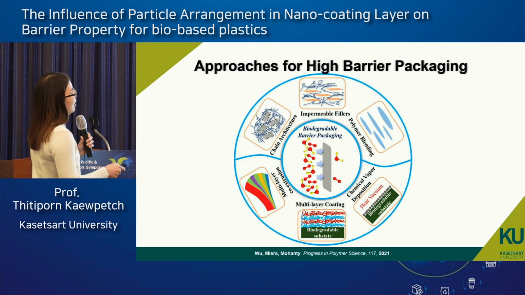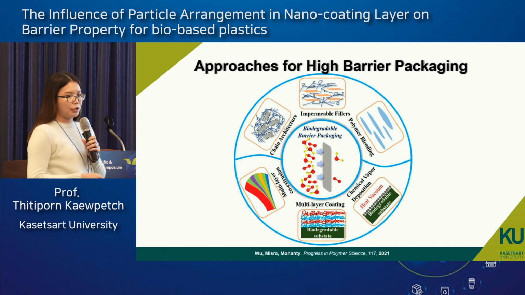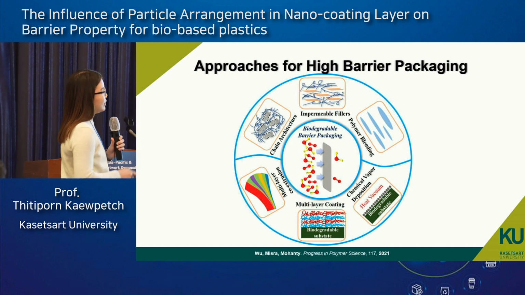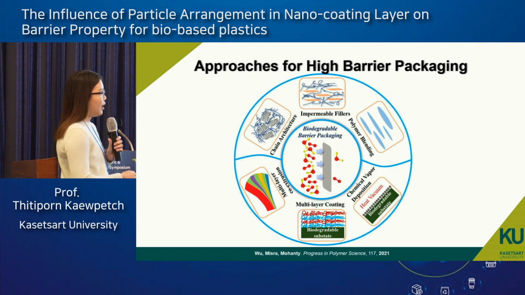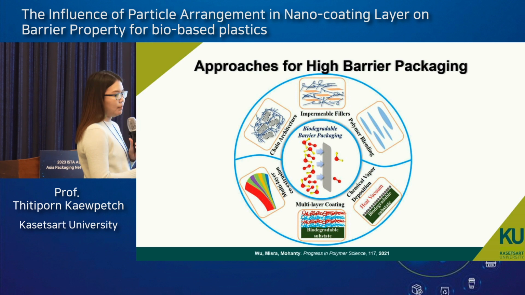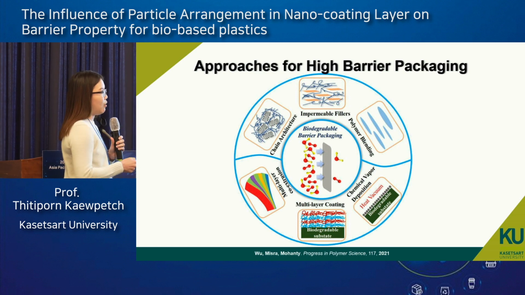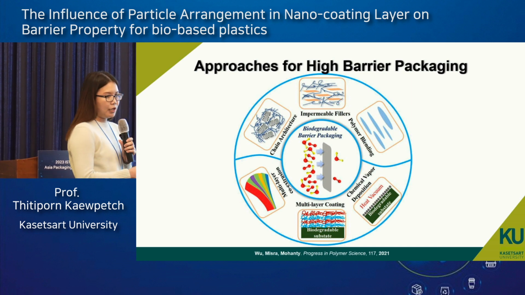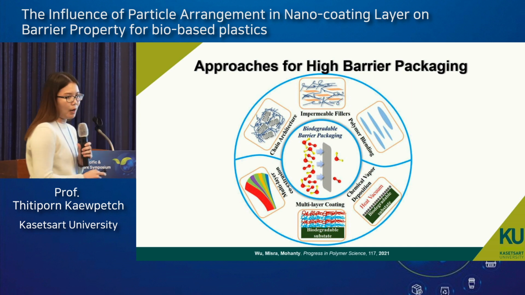Or you can incorporate fillers into the polymer matrix in order to increase the tortuous path of the gas molecules. Or you can make the polymer blends more miscible or more compatible. In this case, you can improve both mechanical and barrier properties.